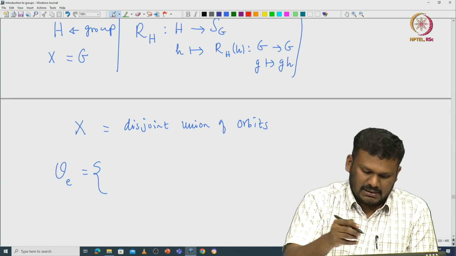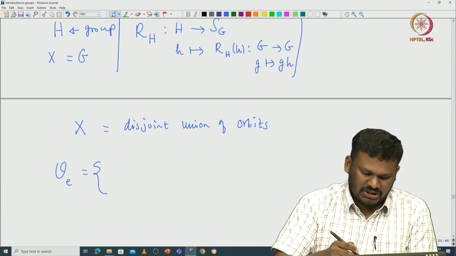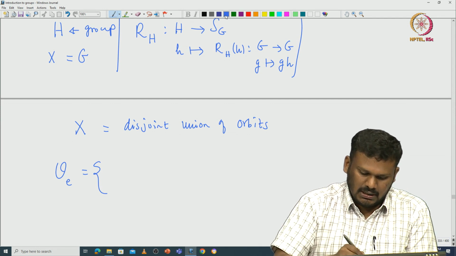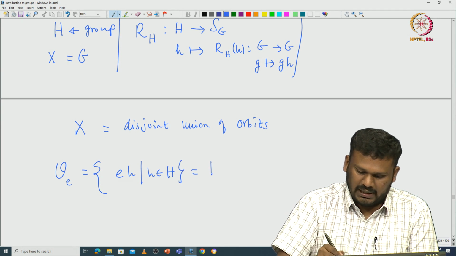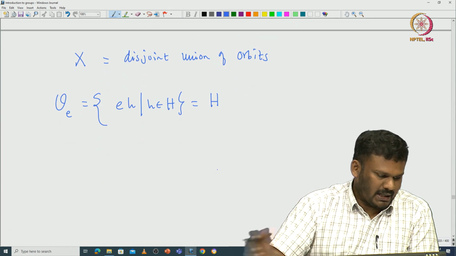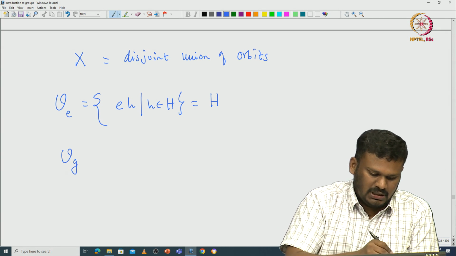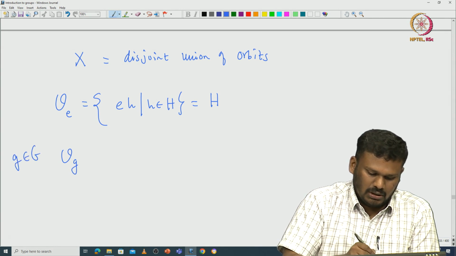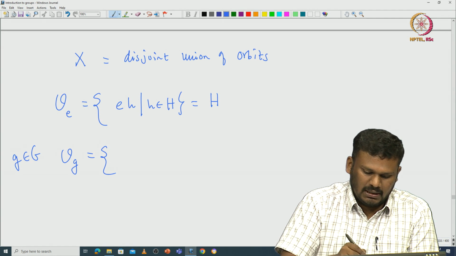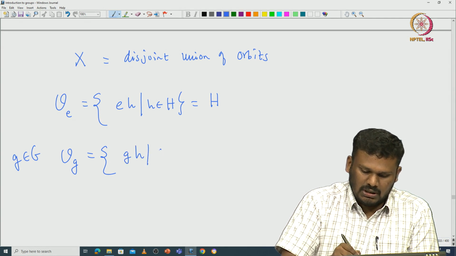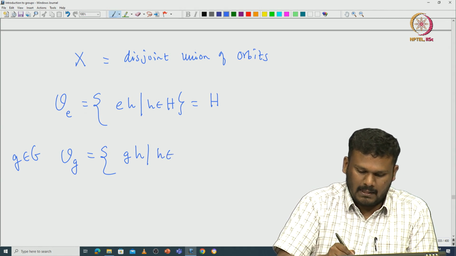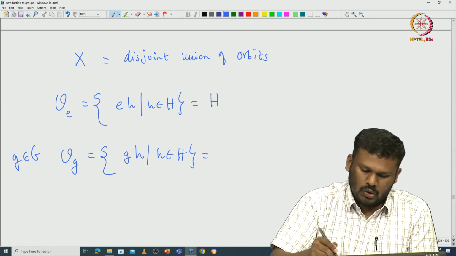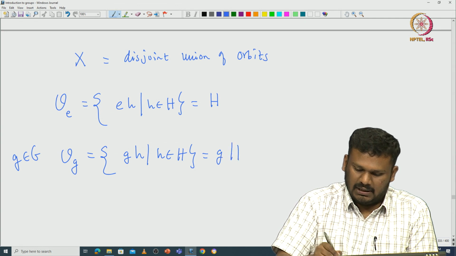Maybe you can take it as an exercise, just prove that by definition the orbit of identity is nothing but eh where h in H, which is exactly equal to H. So now if you take any other element, the orbit of g for g in G, you can see that this is going to be just gh where h comes from H. So this is exactly the coset gH.